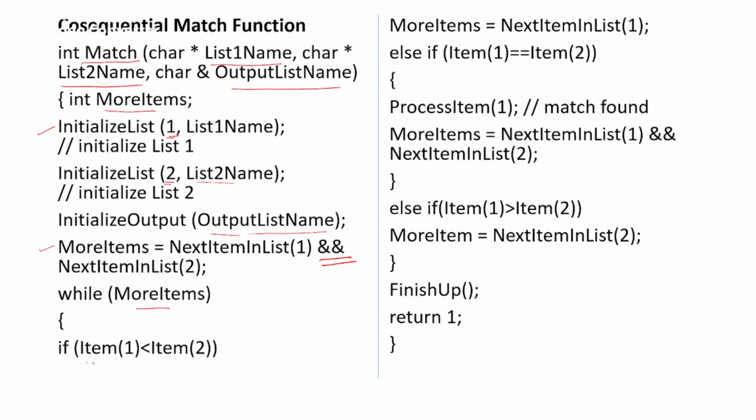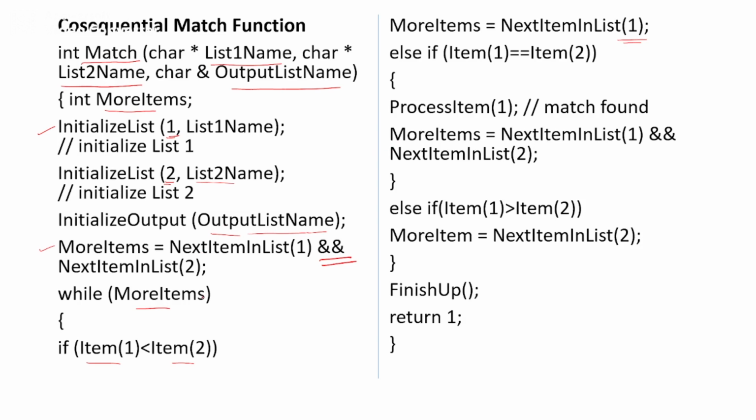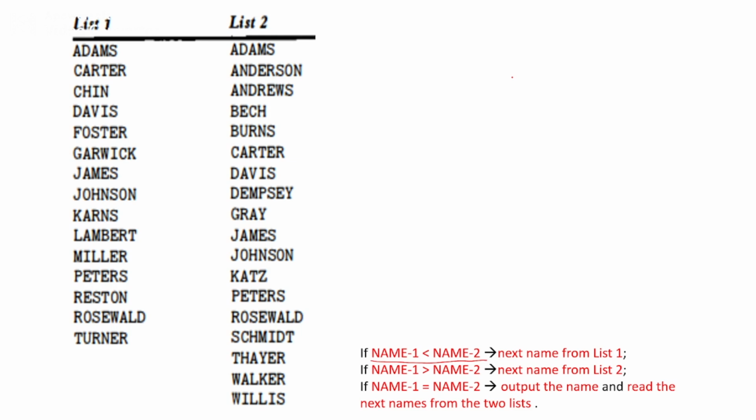So if something is there in the list, then you need to do the following operation. If item 1 is less than item 2, what do we need to do? We need to take the next item from list 1, as we have done in the previous algorithm. If name 1 is less than name 2, next name from list 1. Else if item 1 is equal to item 2, what do we need to do?